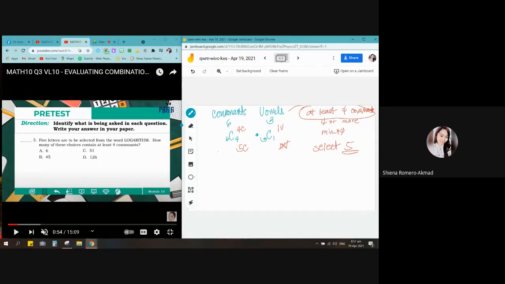This other one will have the combination of 6 taken 5, and that would be our solution for getting 5 consonants.